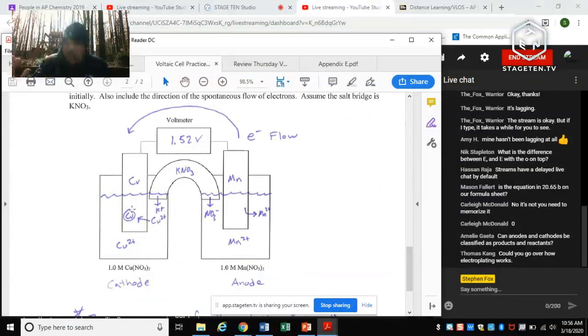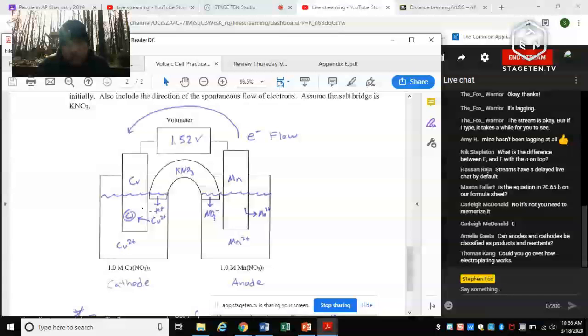That's where the interaction happens. And those metal ions will plate as solid metal neutral atoms onto the surface of the metal. All right, that's electroplating.